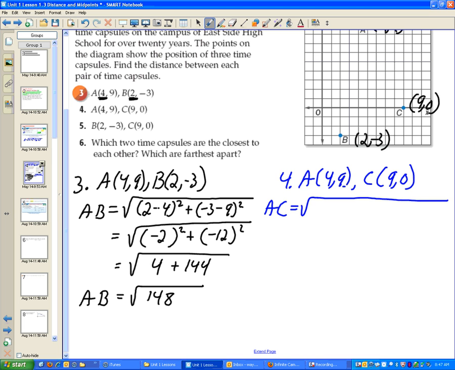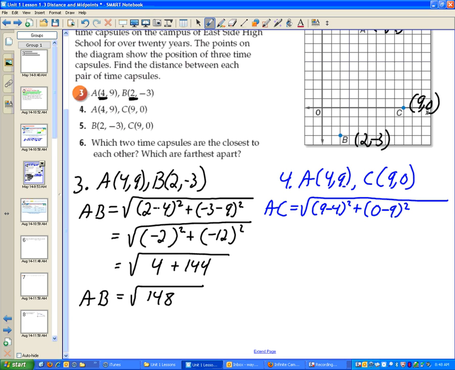Go ahead and fill in what you think goes when you substitute. Did you get what I got so far? Okay. Remember, x2 means the x-coordinate from the second point. x1 means the x-coordinate from the first point. y2, y-coordinate of the second point. y1, y-coordinate of the first point.